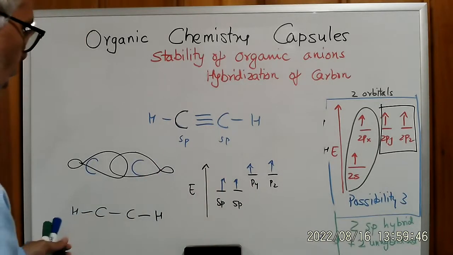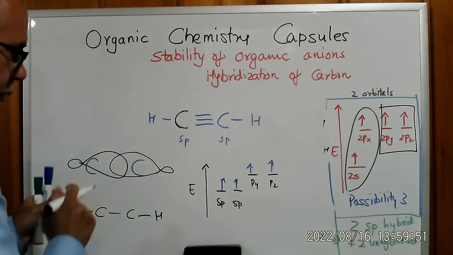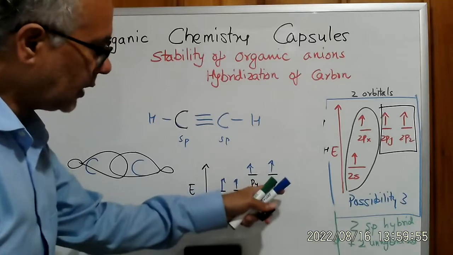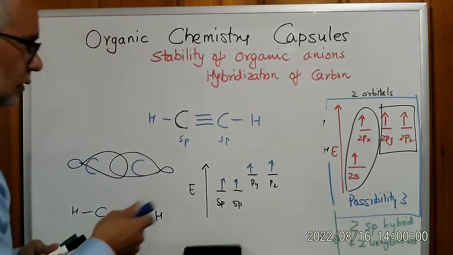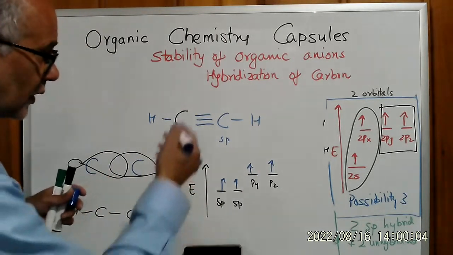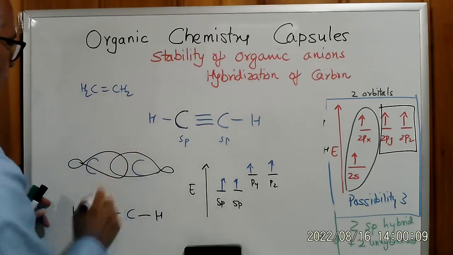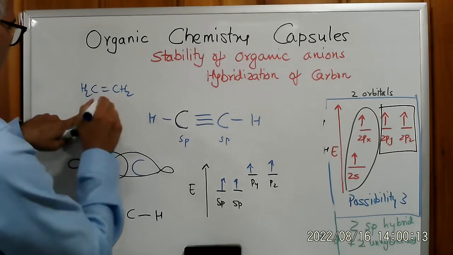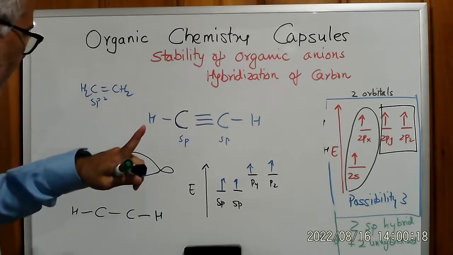At this point, both carbons have used up the sp hybridized orbitals, but they do have two other unhybridized orbitals with one electron each on each carbon. As we have seen in the previous case, the difference is that was an sp2 hybridized carbon, where each carbon has one unhybridized orbital.